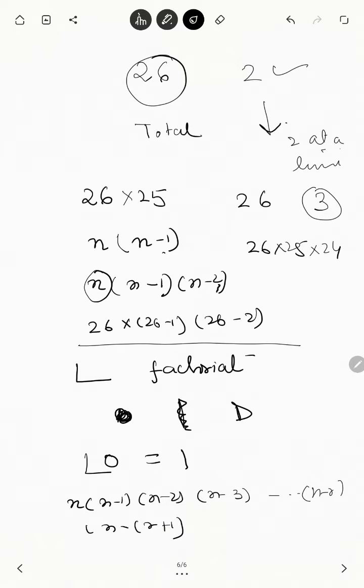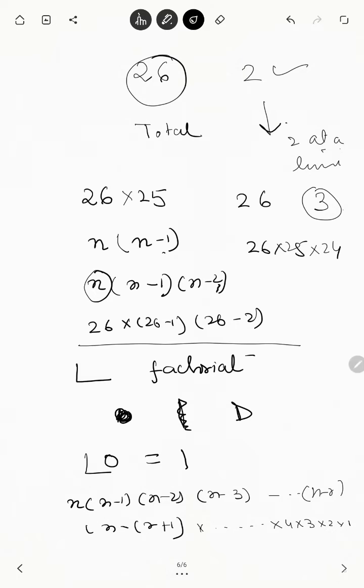If this is 4, 5, we stop at 1 less than that, so 4, 3, 2, 1, if we are taking all at a time, all 26 at a time.